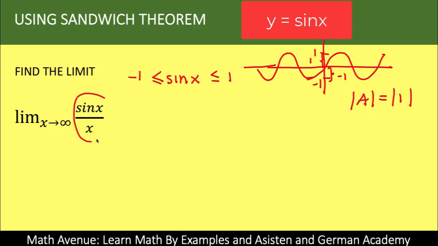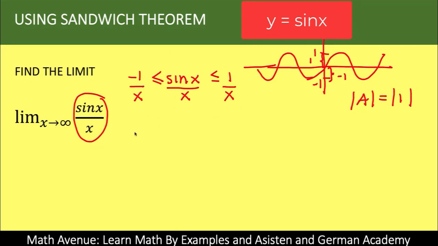Since the form that we want is sine of x over x, we can divide each term here by x. As long as x is greater than 0, that is a valid operation, and we are not going to change the inequality symbol. And we know that x is a positive number because x is approaching positive infinity. So this inequality is valid.